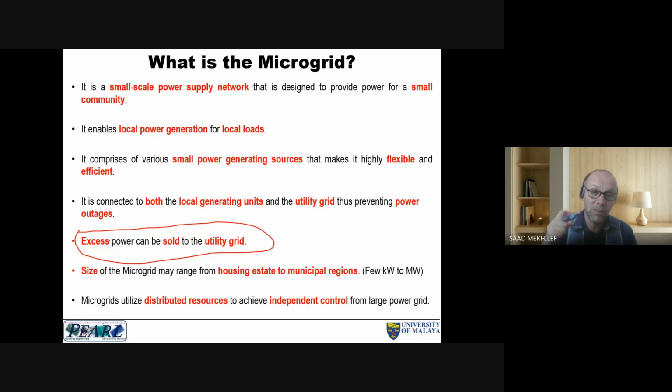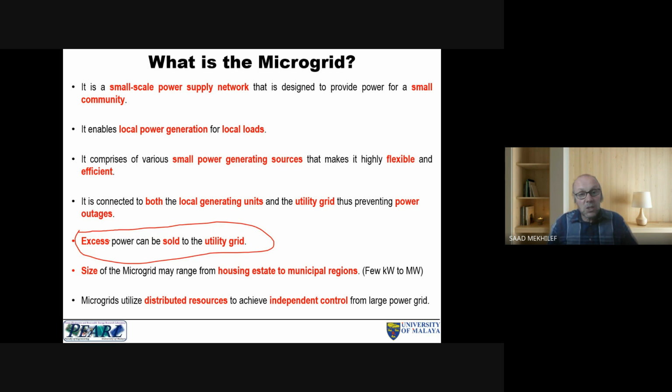I'm talking about rooftop, not the large power plants. That's why the utility companies now reduce the price of electricity generated from solar, because last time they wanted to promote and encourage it, but now it's becoming a mature industry.